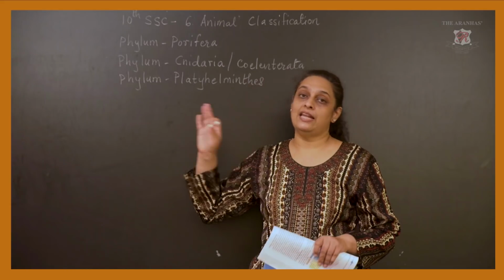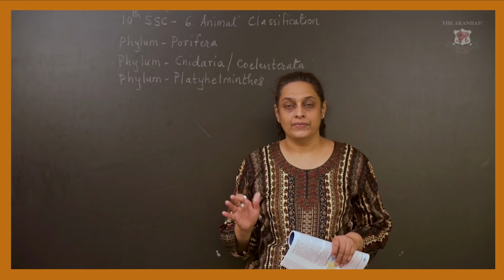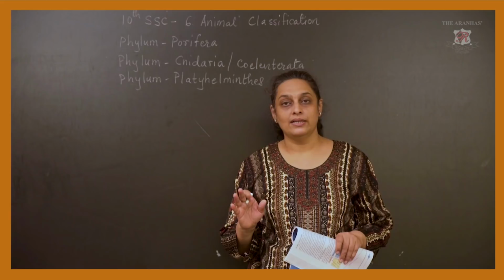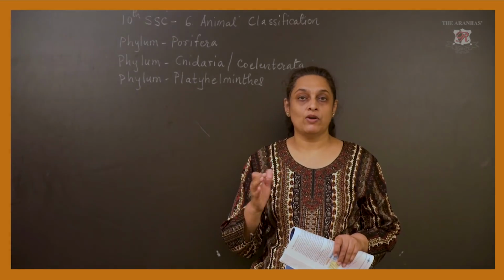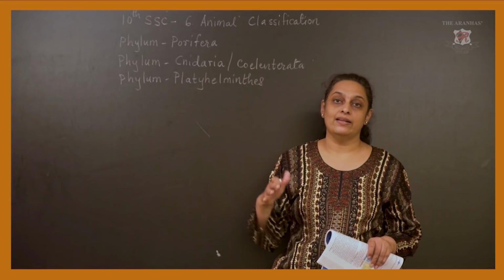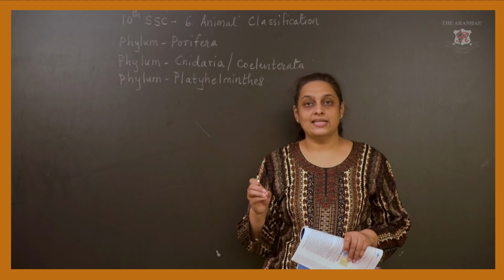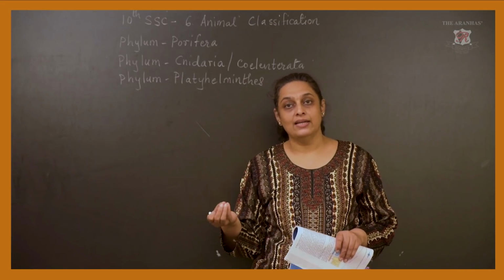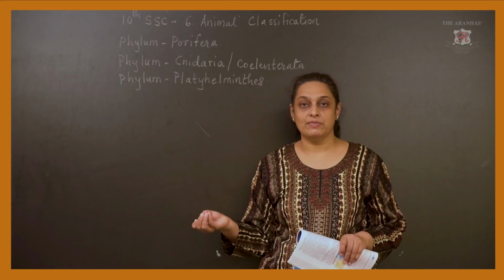Similarly, these animals have cuticle just like our skin. That cuticle protects the animal from getting attacked by digestive enzymes, because now this animal is going to be in the digestive tract, stomach, intestine. So in those digestive organs, they will be attacked by digestive juices. So for protection, this mechanism is there.